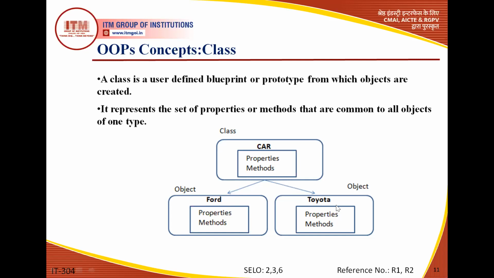Because of course, Toyota is a car, of course it has a color, but it is not mandatory that if the Ford is red, then Toyota will also be red. Maybe it has a different color, and maybe its working style is different from Ford. But the main thing is, yes, it has a color and it has a working style also, like Ford. So this is the basic difference between a class and an object. Class is what? A blueprint or a prototype through which different objects of one type have been created.